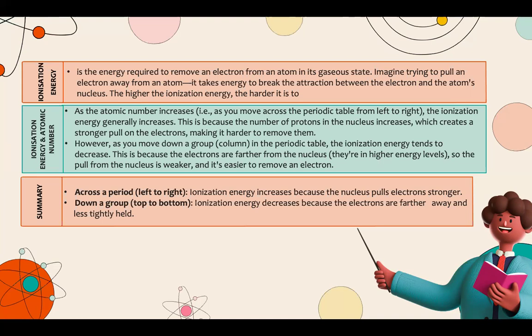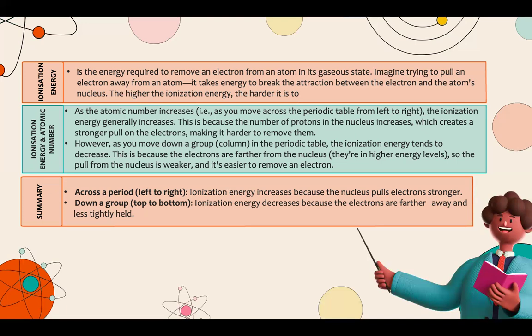Ionization energy and atomic number: as the atomic number increases, as you move across the periodic table from left to right, the ionization energy generally increases. This is because the number of protons in the nucleus increases, which creates a stronger pull on the electrons, making it harder to remove them.